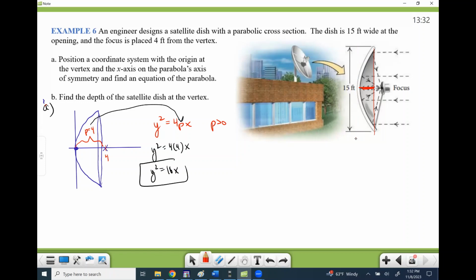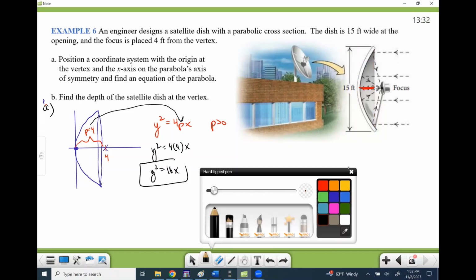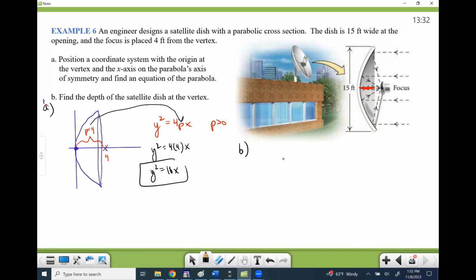All right. So here's my thoughts. Let's go ahead and kind of draw what I'm thinking. What I know about this point right here, and even this point down here, is I know that this line is 15.